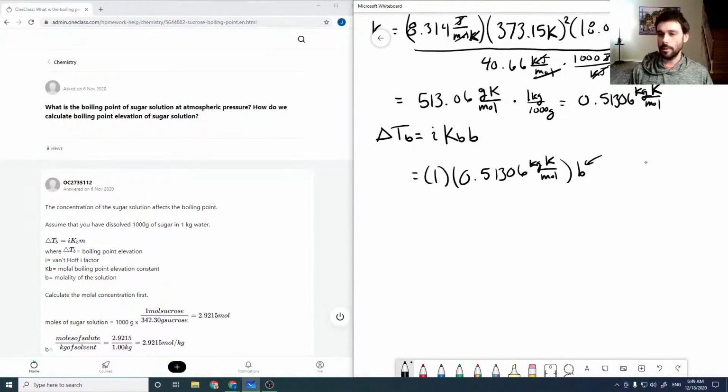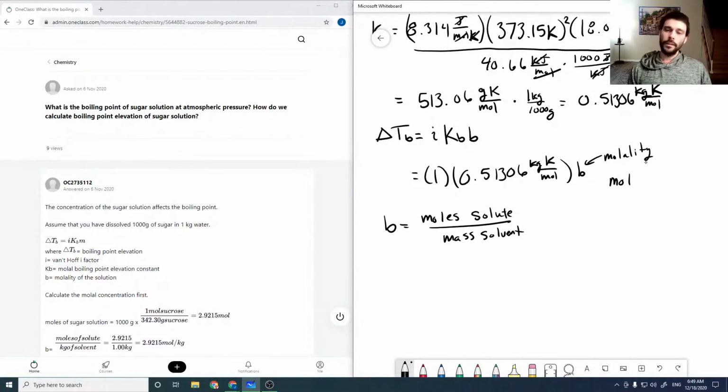Now b is the molality, which is in moles, I guess I'll write it here actually. It's the moles of solute over the mass of solvent.